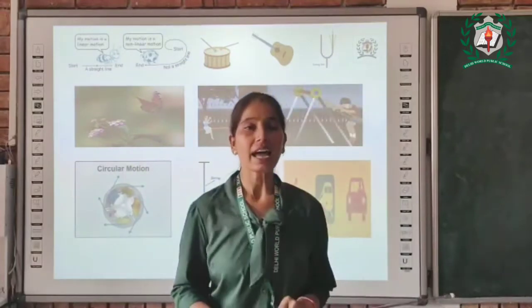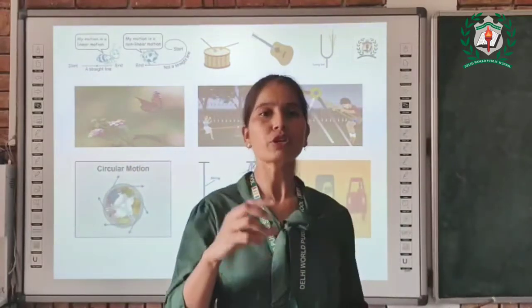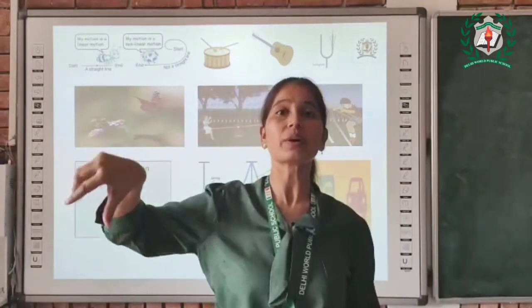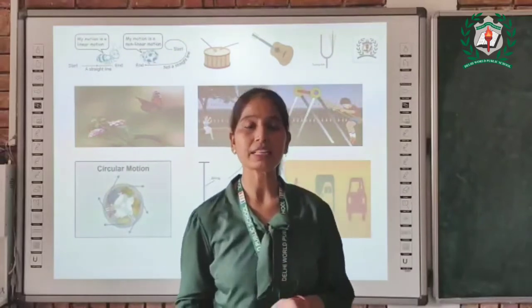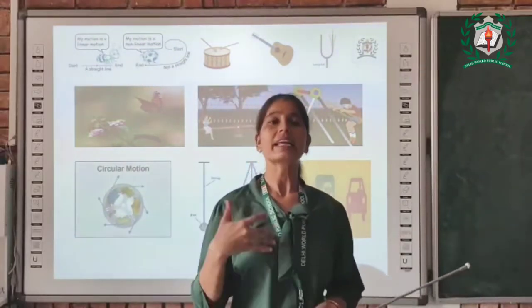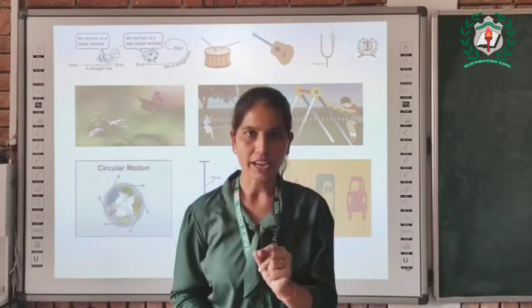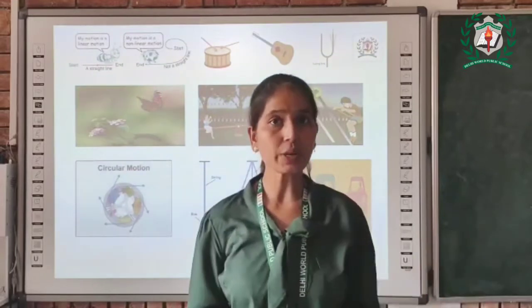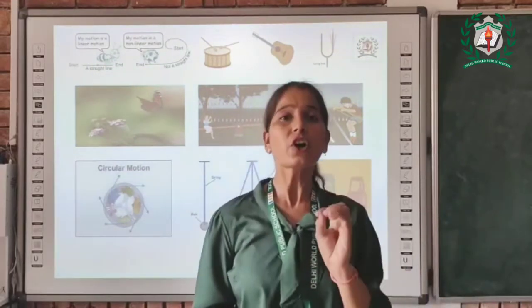Next is periodic motion. What is periodic motion? The motion which repeats at regular intervals of time is periodic motion, like the hands of a clock and heartbeats. These are all examples of periodic motion. And next is non-periodic motion. What is non-periodic motion? When an object does not repeat its motion at regular intervals of time, this type of motion is known as non-periodic motion.